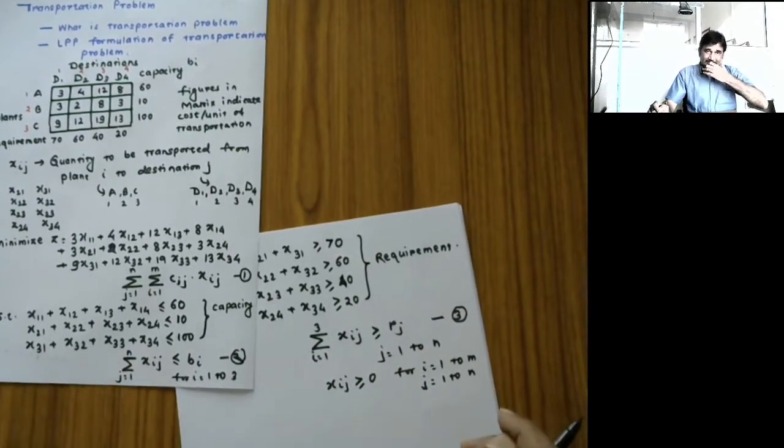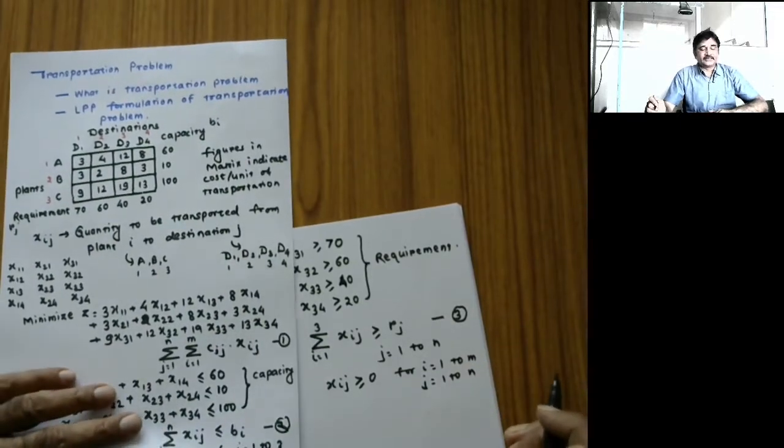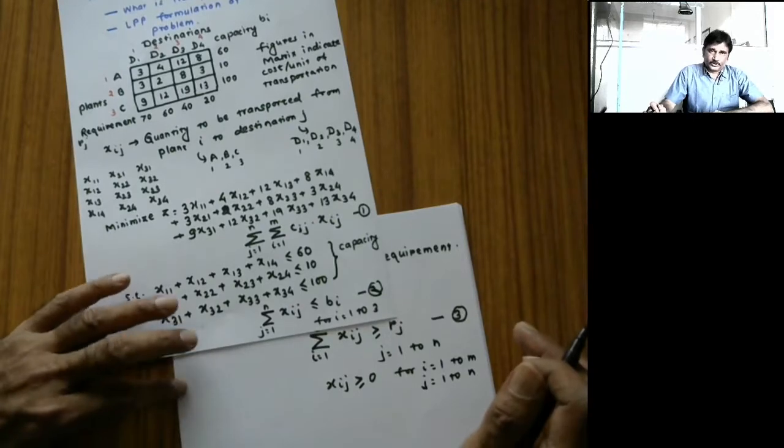In this case, m is equal to 3 and n is equal to 4. This is the LPP formulation.